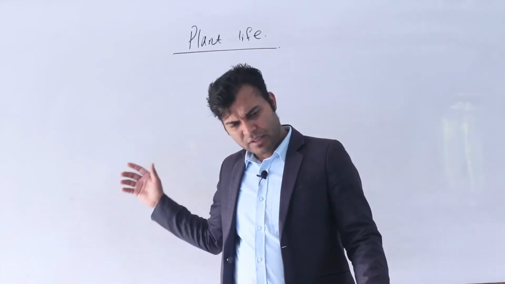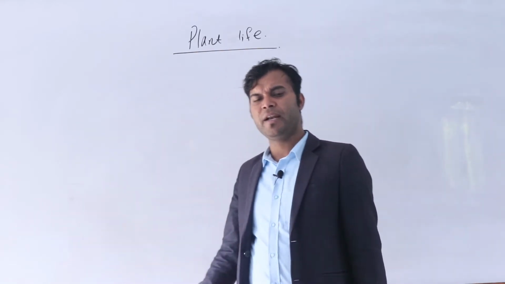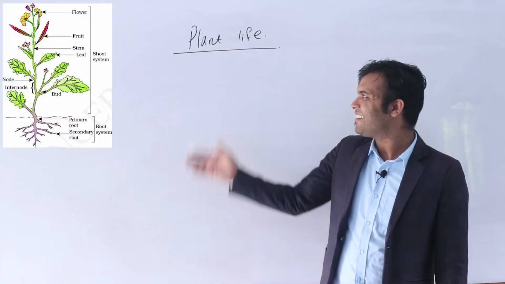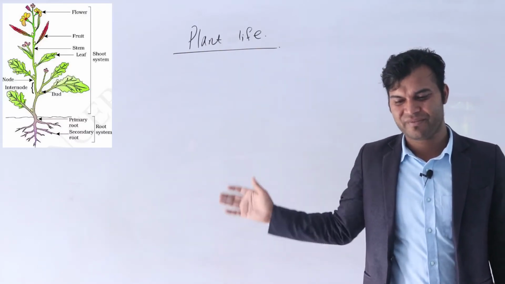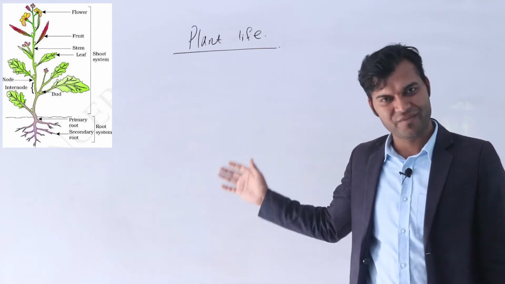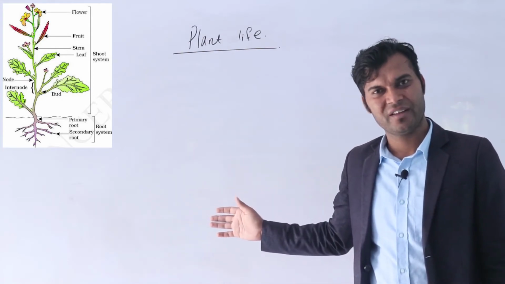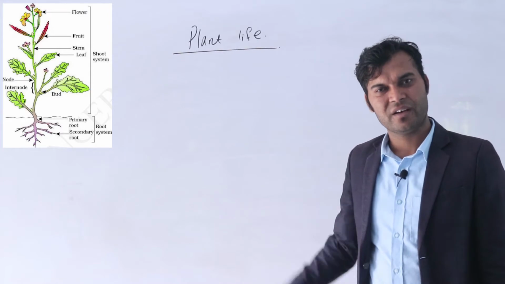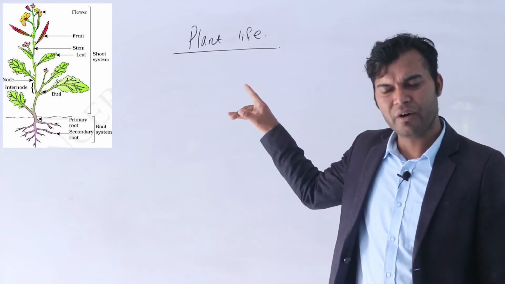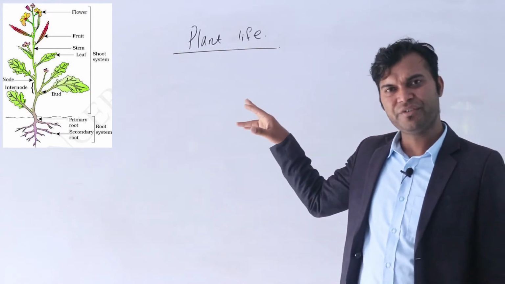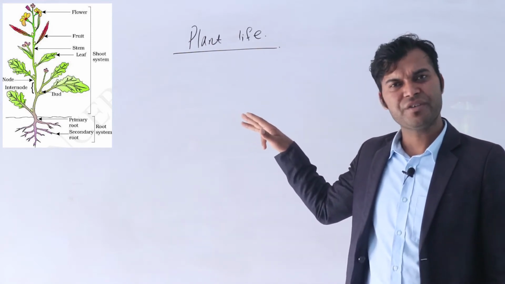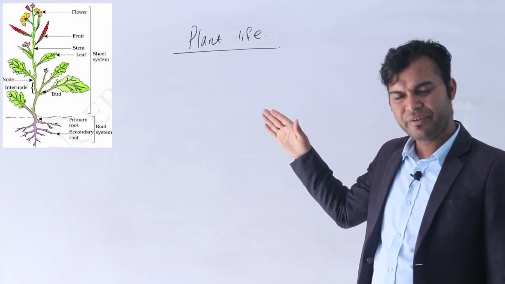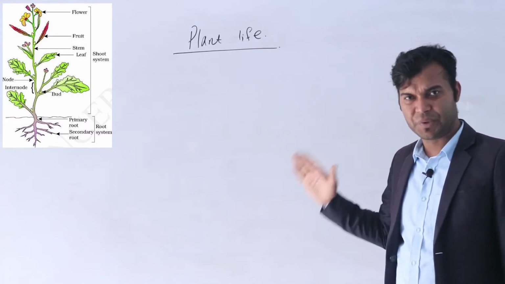Next, at first we discuss the different parts of a plant. Please look at the different parts of a mustard plant, or a flowering plant. Top one, look there: flower, fruit, branches, leaf, stem and roots.